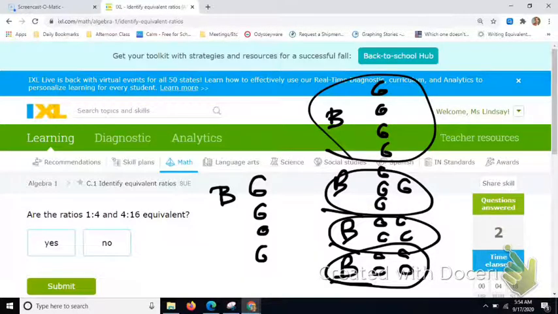So 4 to 16 is the same as 1 to 4. That's kind of very visually showing you that. I'm going to stop making those drawings, but that very visually shows you that.